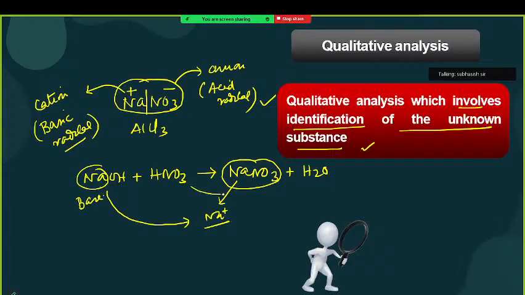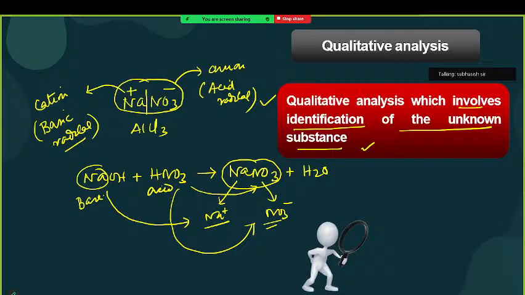And the nitrate part, NO3 minus, comes from nitric acid, which is an acid. So in sodium nitrate, the sodium part comes from the base and the nitrate part comes from the acid. That's why each and every salt contains a basic radical part and an acid radical part.